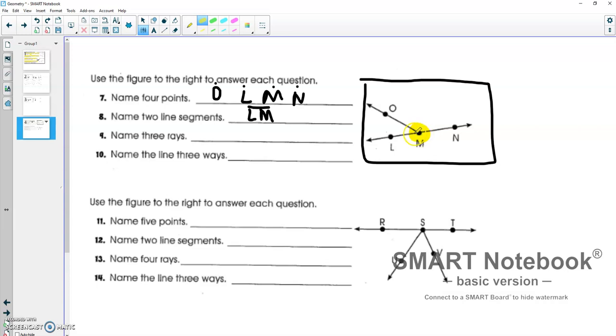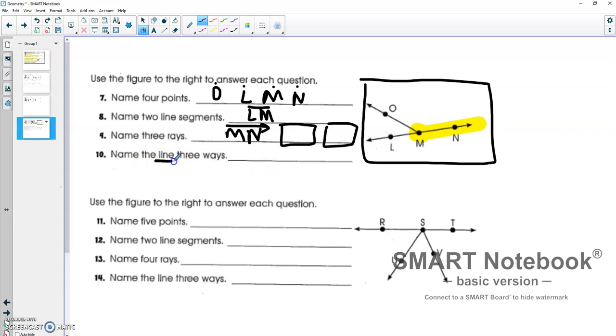Think of it as like the sun, the yellow sun. And where am I going out? You see this arrow right here. So it would be M, N. I start at M and I'm making an arrow going infinitely in one direction. This is one ray. I want you to have the 2 other rays written down.